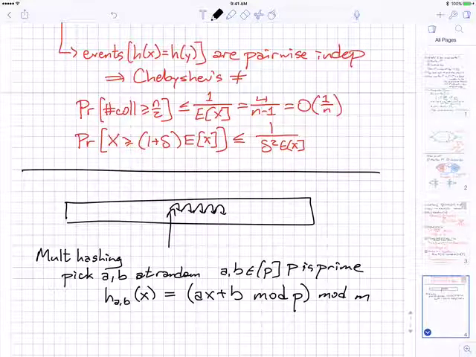Say, if you're hashing 32-bit things, you would pick a prime that needs all 32 bits. But as long as p is sufficiently larger than m, this family of hash functions is nearly universal. Actually, with the plus b in there, it is actually universal.